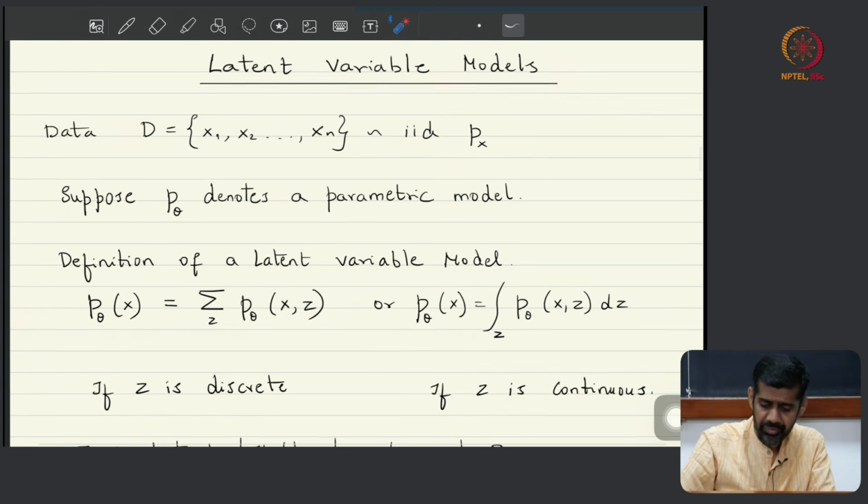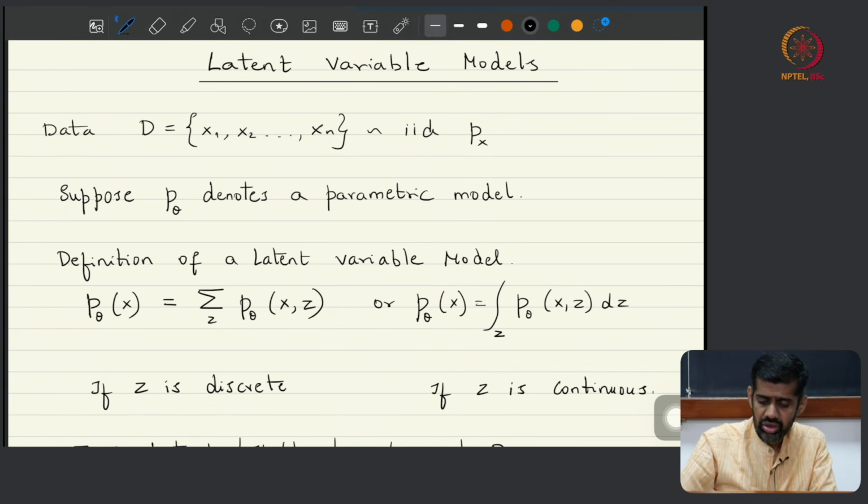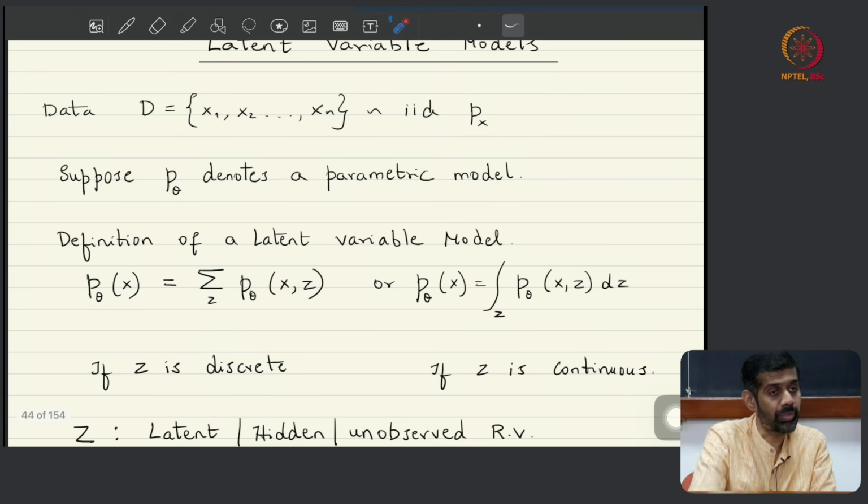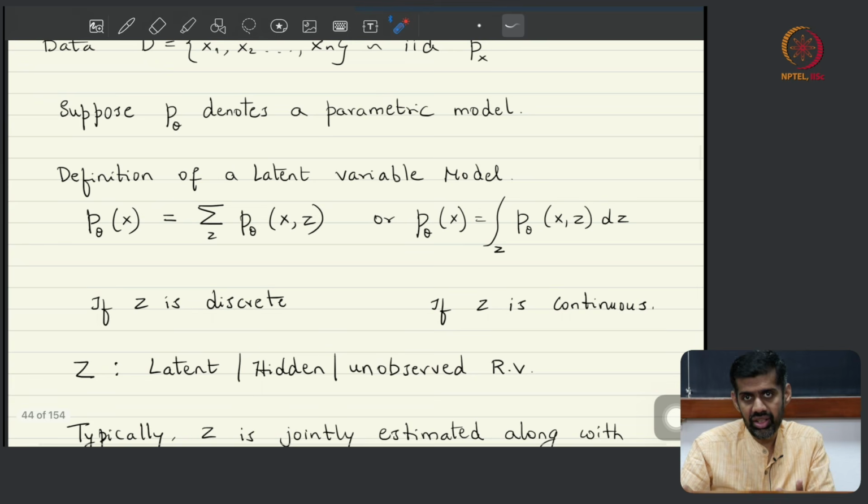So, what is the idea? We are given n data points that are sampled IID from an unknown distribution, that is what we start with. Our goal remains the same, we need to estimate the underlying distribution and try to sample from it. So, let us say p theta denotes a parametric model. Now, latent variable model is a mathematical definition of how you look at p theta.